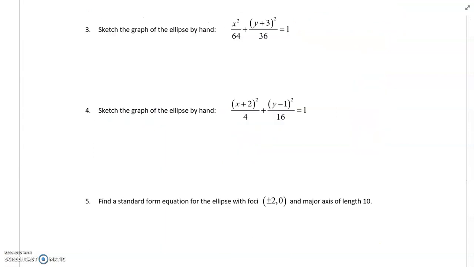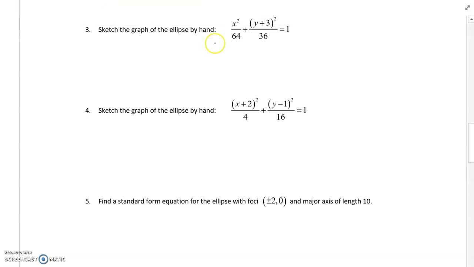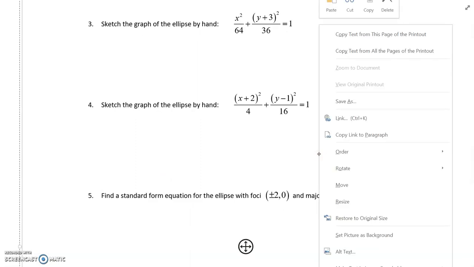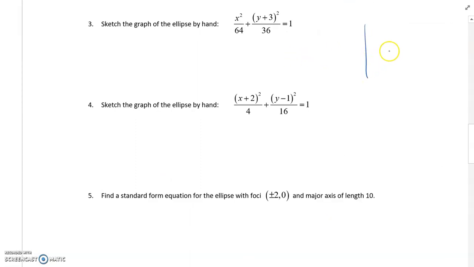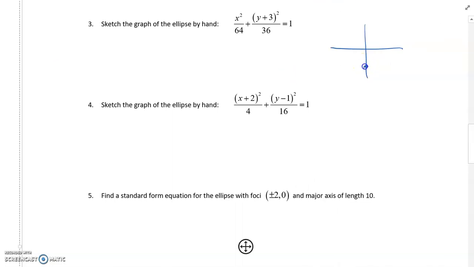So for this one, the center is located at 0, negative 3. The larger number is under the x, so this is horizontally laid out.